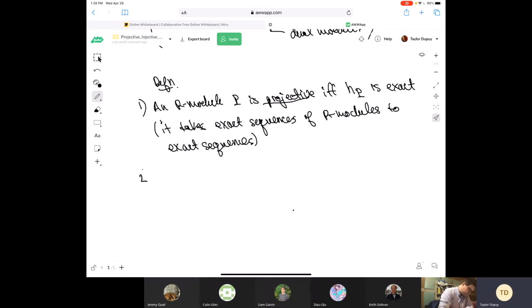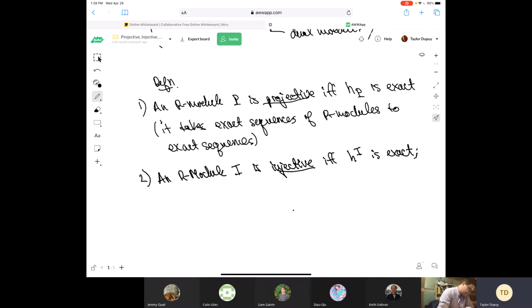An R module I is injective if and only if H I is exact.